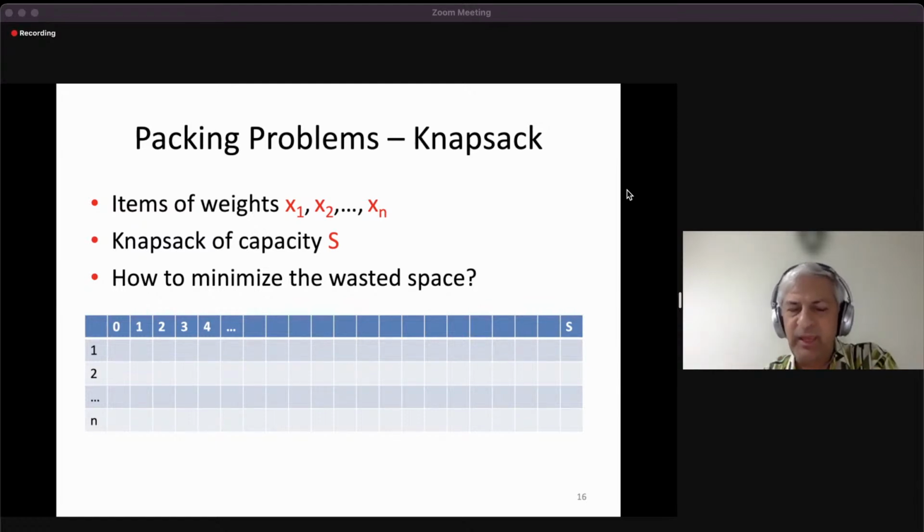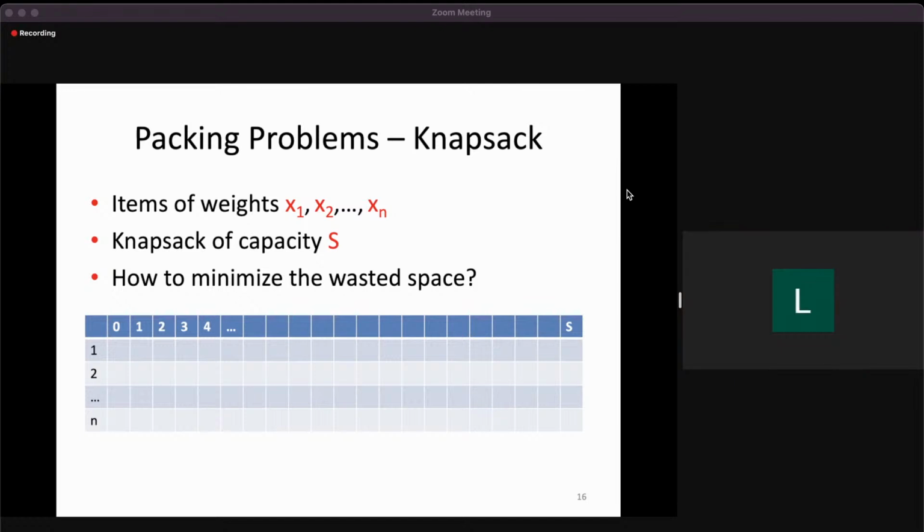Remember, if we can fill it exactly, then the wastage is 0. But if we cannot fill it exactly, then there is going to be some wasted space, and we'd like to know how much is that wasted space for a given amount S. How would I solve this problem?